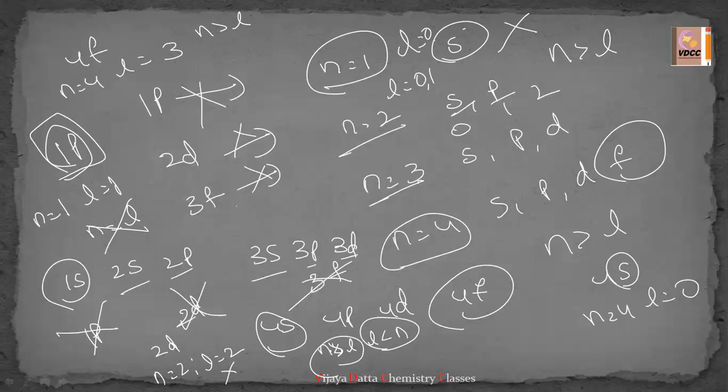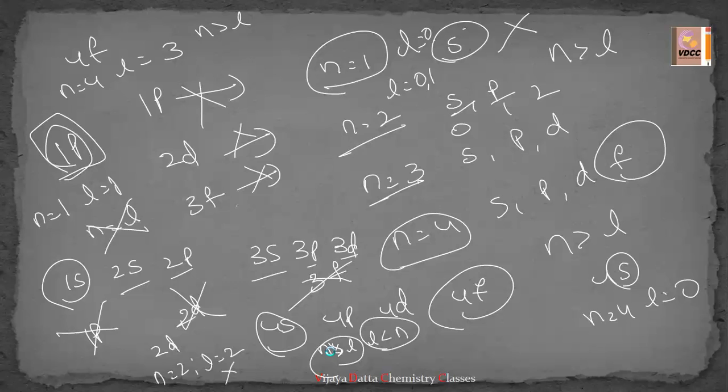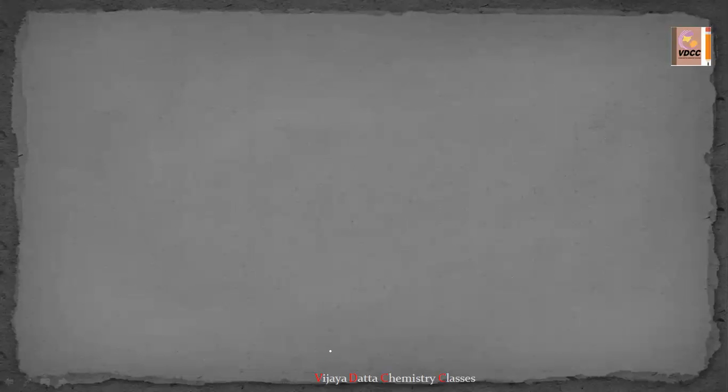So this is about the azimuthal quantum number. The azimuthal quantum number gives the information about the spatial distribution of the electrons in the orbitals. Always remember the relation for the azimuthal quantum number: n greater than l, and l depends on n. So when n equal to 1, the l value is 0.